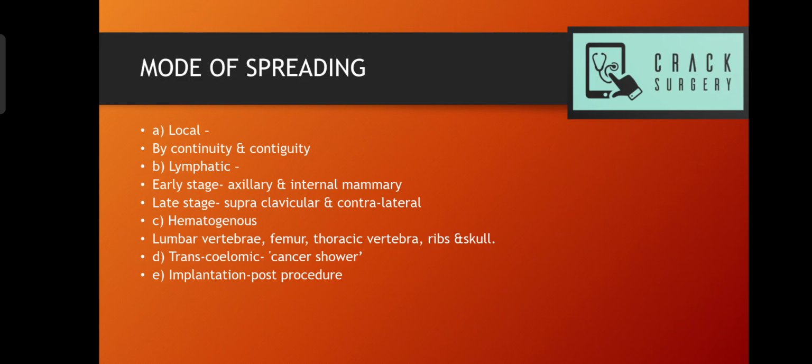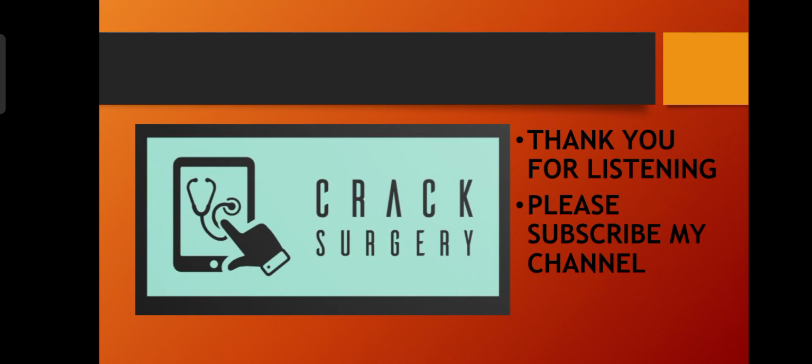Hematogenous spread: lumbar vertebrae, femur, thoracic vertebrae, rib cage and skull are affected. CA breast can also spread to the abdominal cavity by transcoelomic spread, also known as cancer shower to the abdomen. Last is implantation, the post procedural.